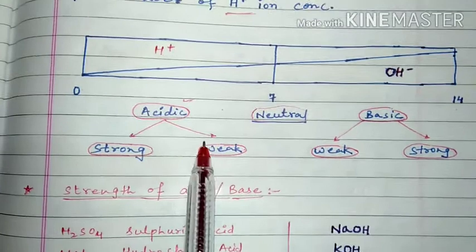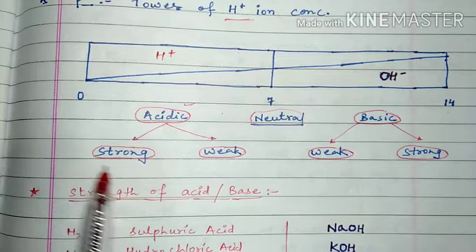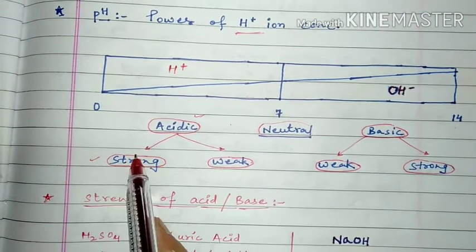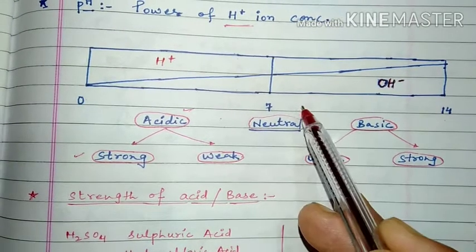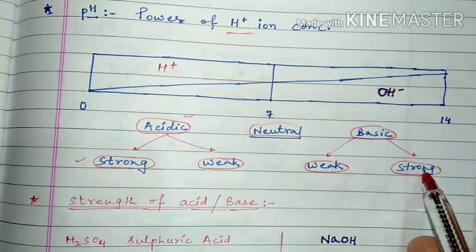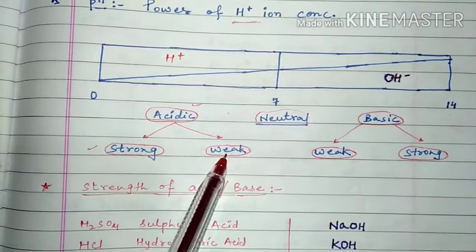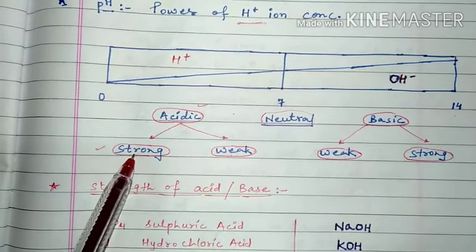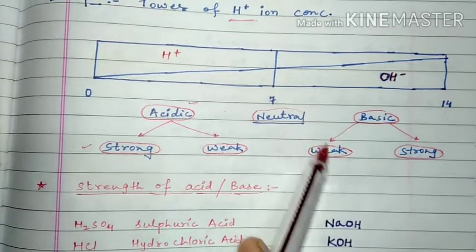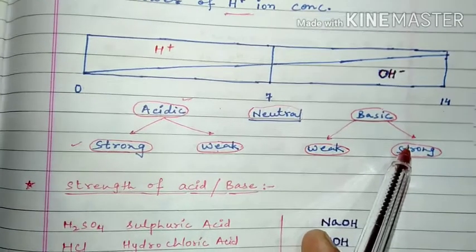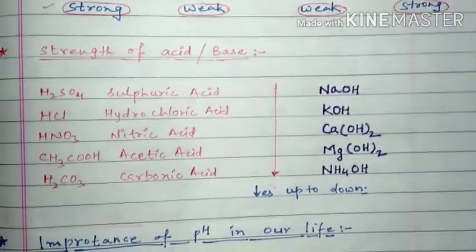If the value is away from 7, you will get the strong acidic pH, and if we go far above 7, we will get strong basic pH. So acidic pH is weak near 7 and strong away from 7. Similarly, basic pH around 7 is weak, and away from 7 is strong.